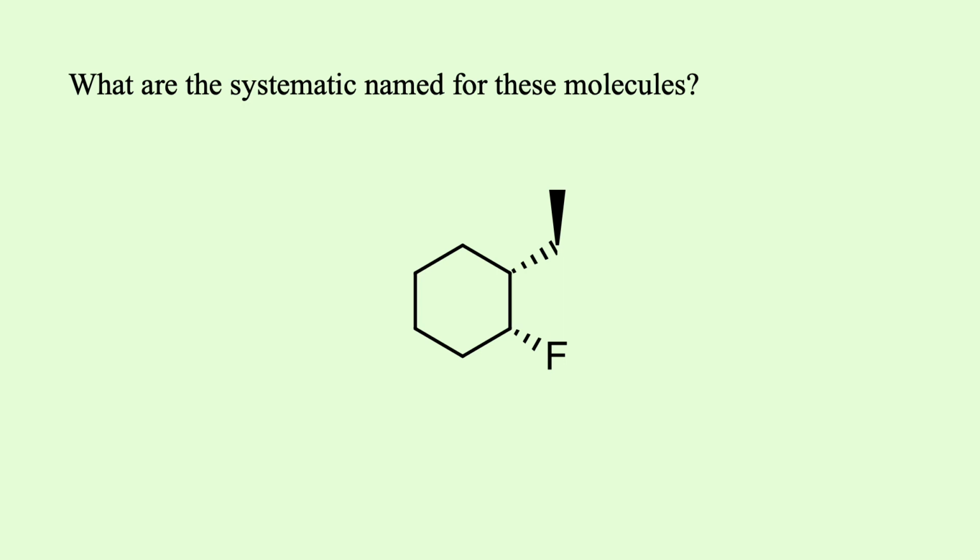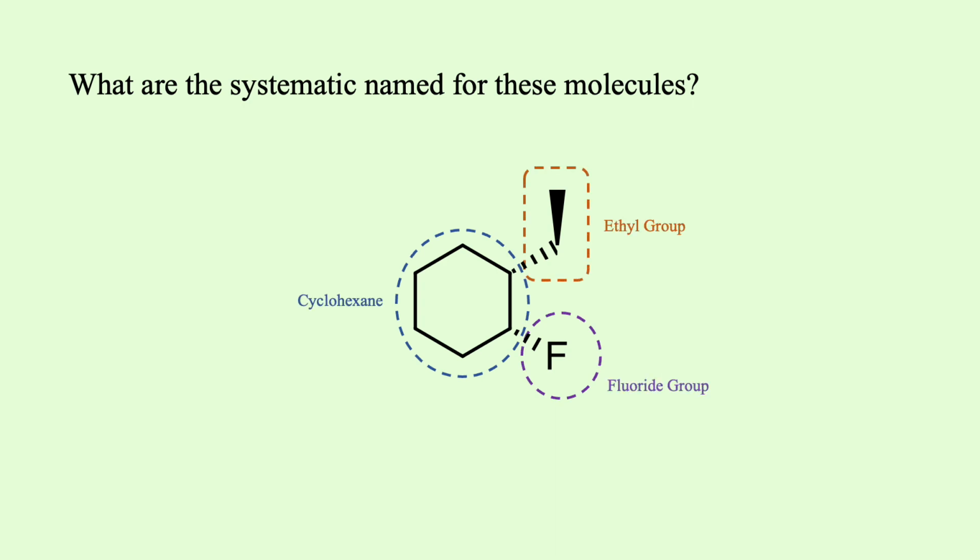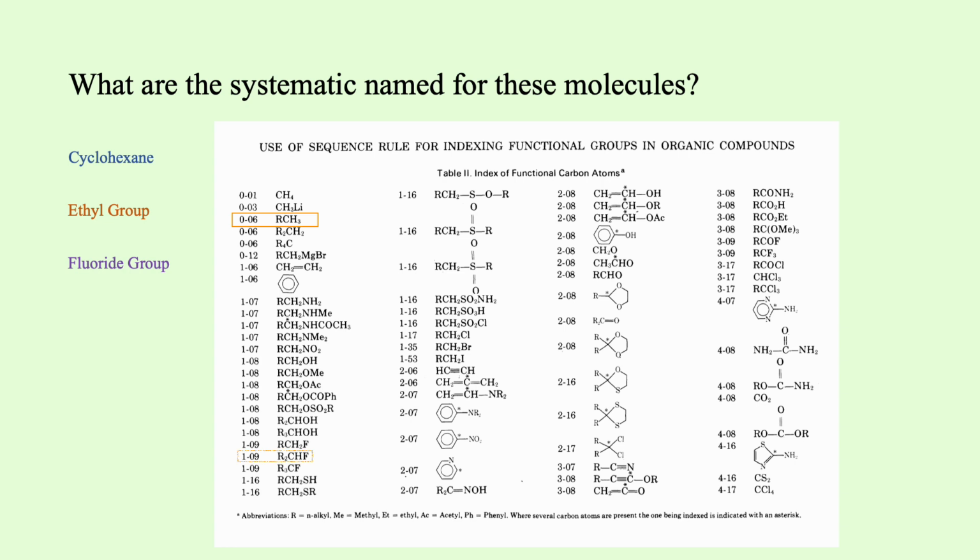Having done structure A, we're looking at structure B now, and I've circled the three groups that are in this structure. So you have cyclohexane, a fluoride group, and then an ethyl group. Using the same technique to see which group takes priority, we can see that the fluoride group takes priority over the ethyl group.